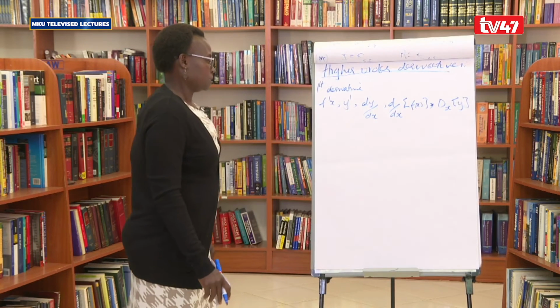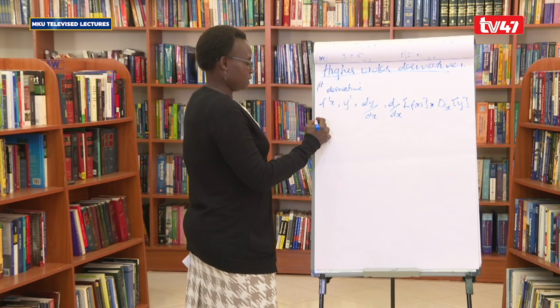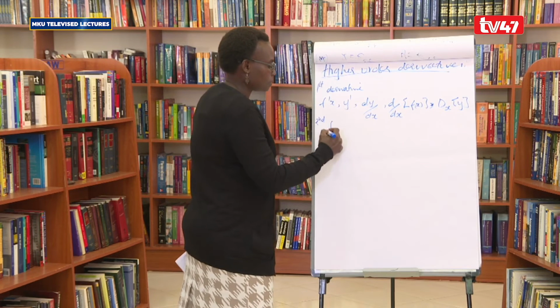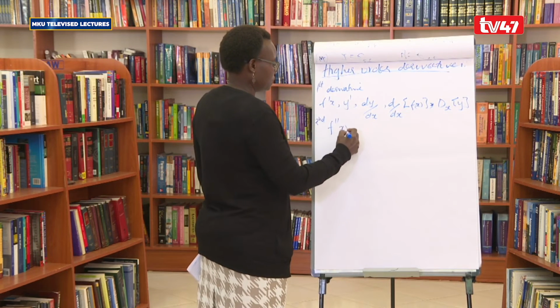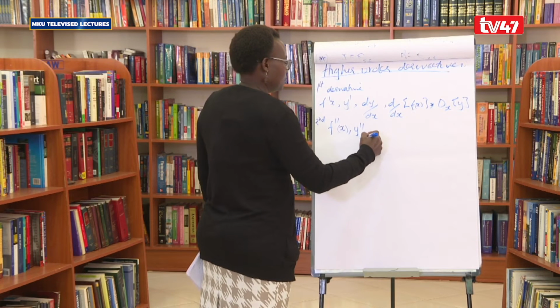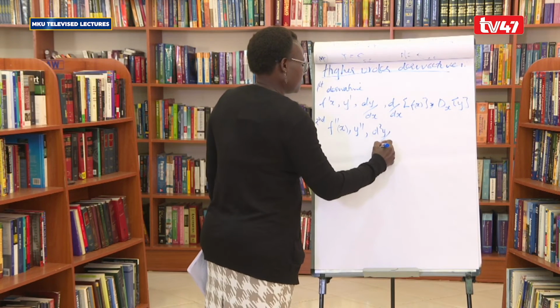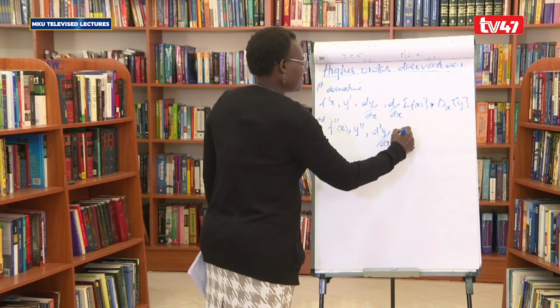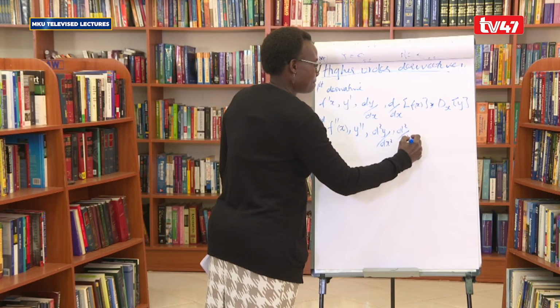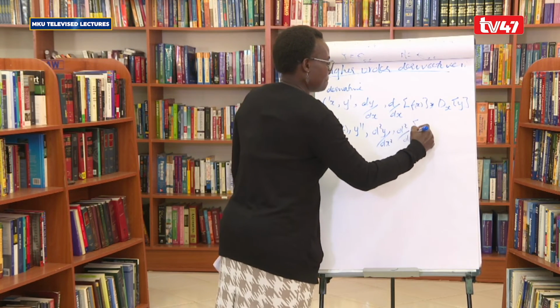If you're talking about the second derivative, that would be f double bar of x, y double bar, d squared y over dx squared, and d squared over dx squared of f of x.